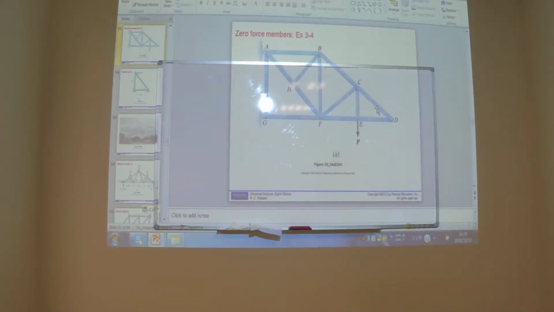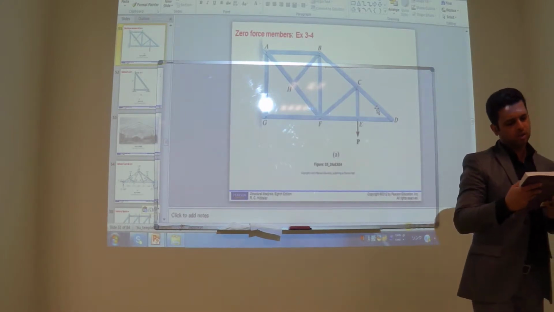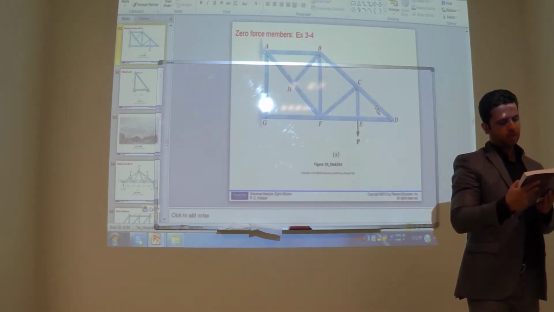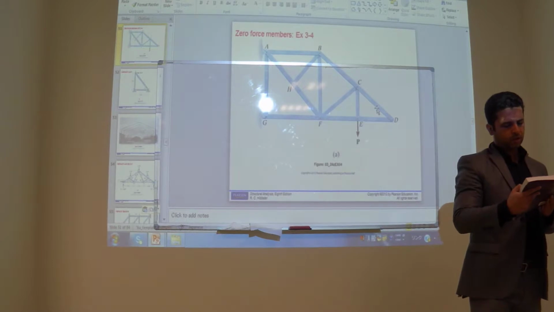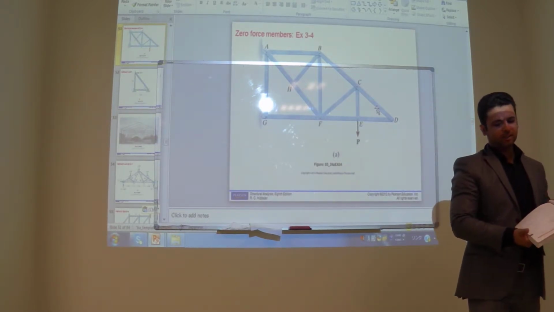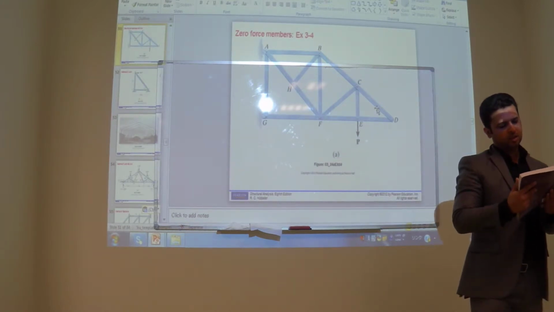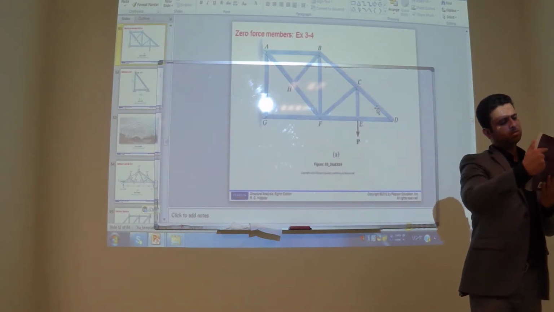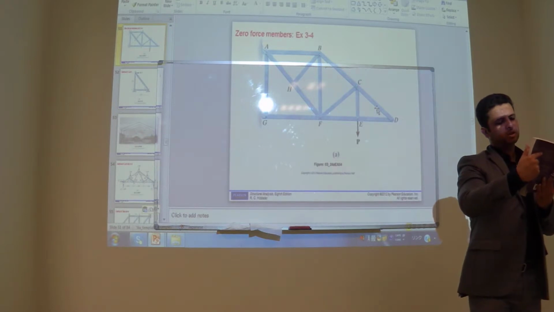If you have the book, in the book you can see it's perpendicular. Yes. But still, they are solving the whole truss. In the book, it seems perpendicular.